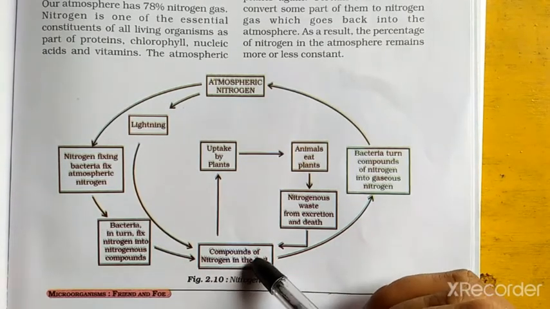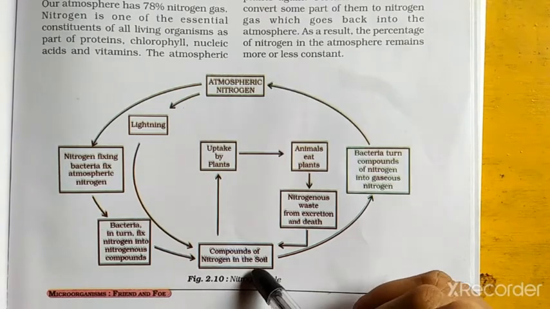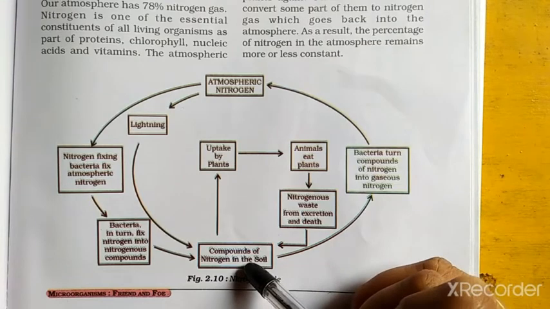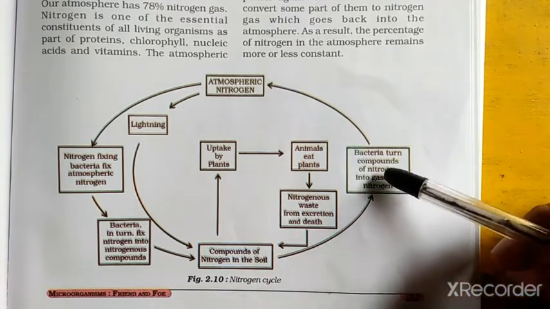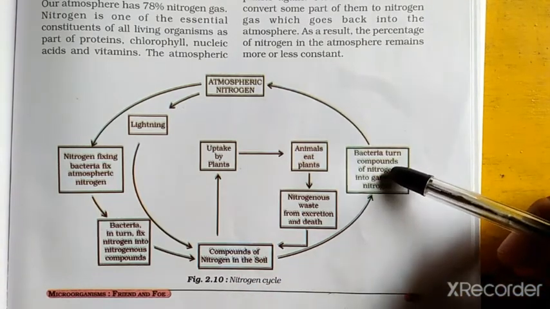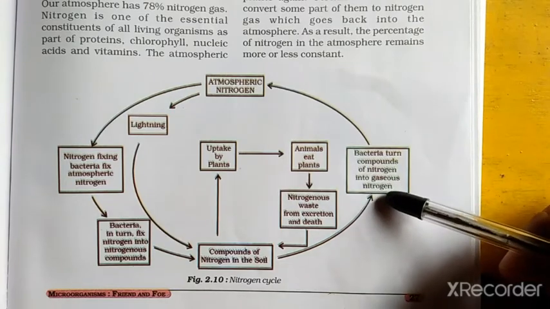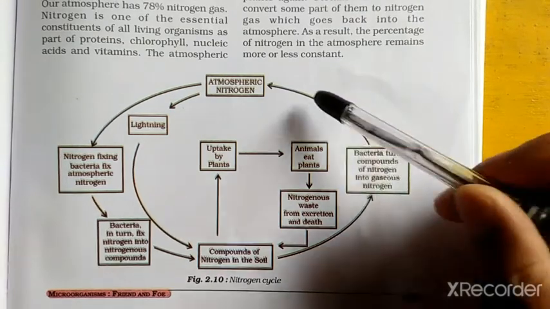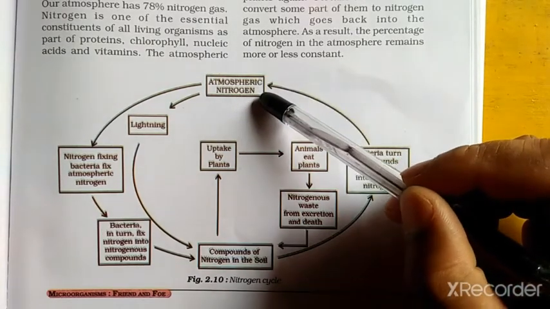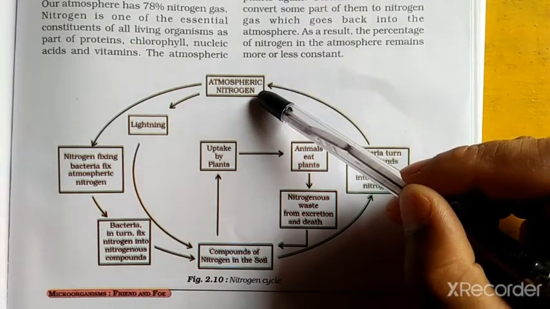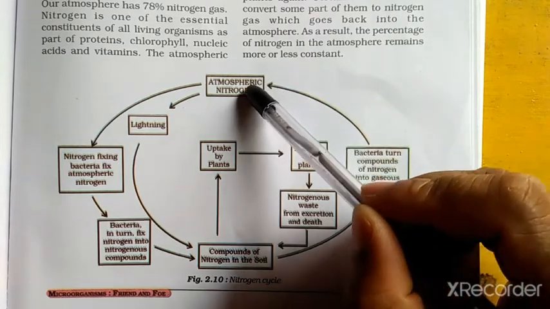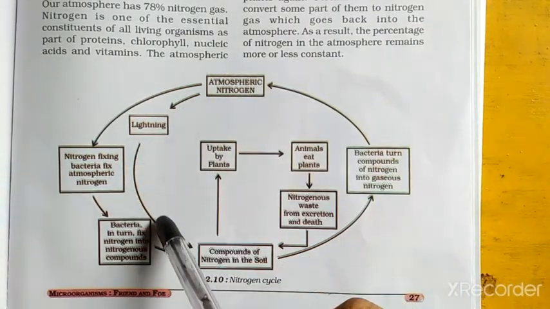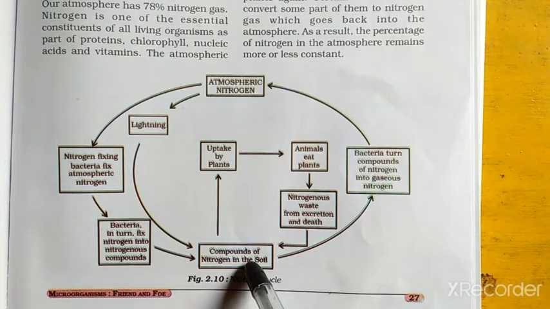Here, bacteria turn compounds of nitrogen in the soil into gaseous nitrogen. This gaseous nitrogen goes to the atmosphere as atmospheric nitrogen. Then, through lightning, atmospheric nitrogen comes back as compounds of nitrogen in the soil.